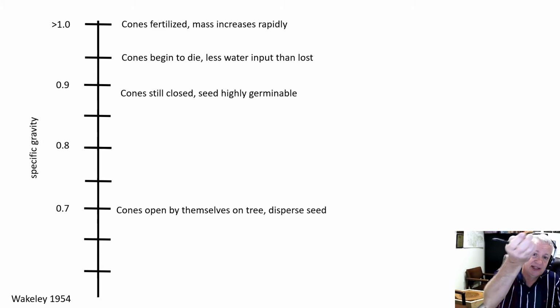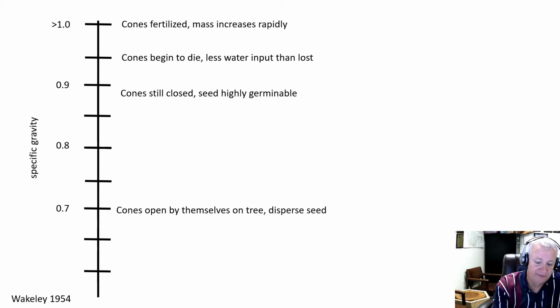You would need to pick a cone, measure its fresh weight, and then dry it, measure its dry weight, and calculate dry mass. In reality, he pointed out, you could actually measure the specific gravity of cones, and that also is well correlated to some important points in cone development.